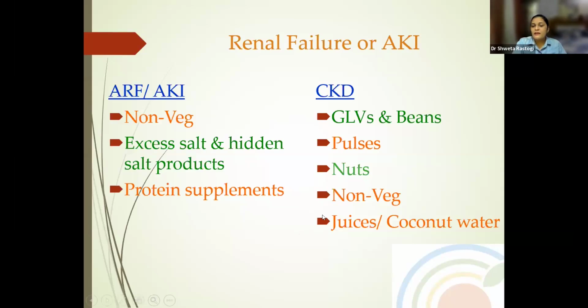So you cannot give any purine-rich food to the patient. Last is, what should they drink? So no fruit juices. As far as possible, soups should also be curtailed. Coconut water should also not be given. No jaljeera, nothing. So they are left with buttermilk as the only option if they want to explore anything to drink. So why this restriction is being done, though it does not contain protein?